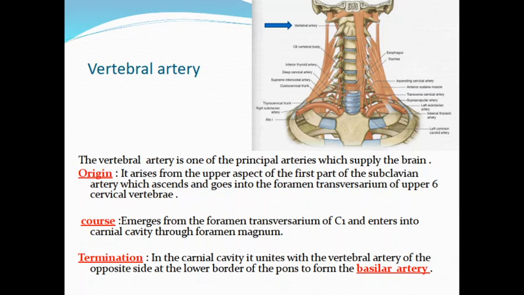Course, it emerges from the foramen transversarium of C1 and enters into the cranial cavity through foramen magnum. Now it terminates in the cranial cavity. It unites with the vertebral artery of the opposite side at the lower border of the pons to form the basilar artery.